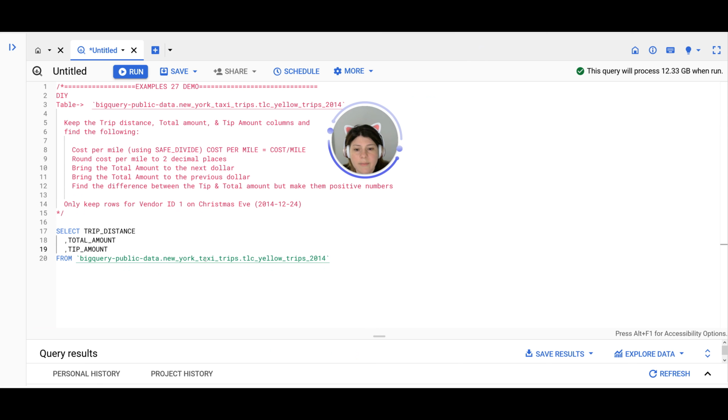I have my table, and I'm going to filter my data for rows for vendor ID equals 1 and only on dates for Christmas Eve.